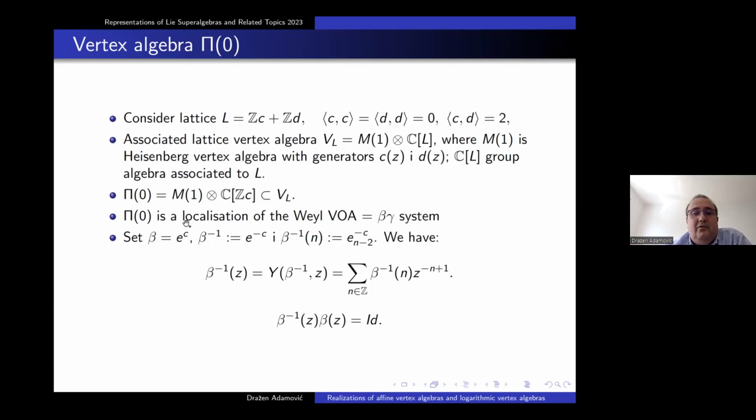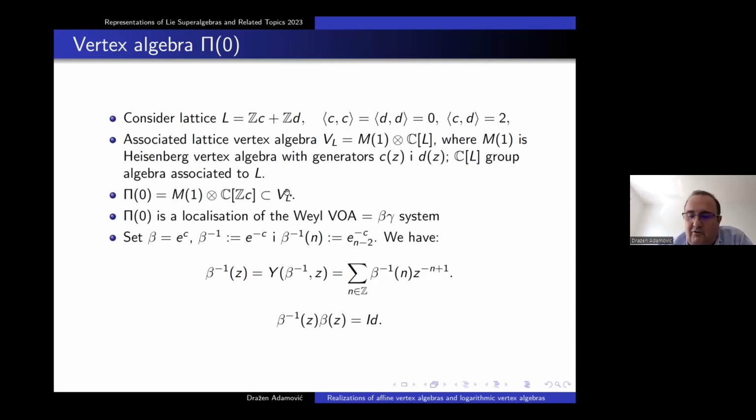So there are two, and we know a lot of stuff about weight categories. What is a weight category? We know a lot, but in any case, there is one. But what is interesting here? This is now not rational. So Gino has mentioned rational. So this VL is rational, but this Pi 0 is not rational.